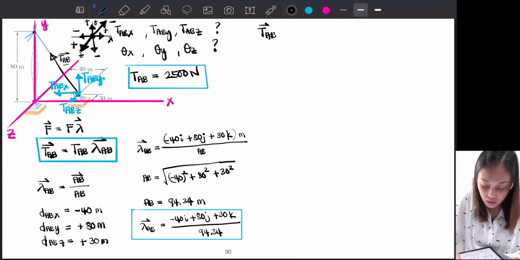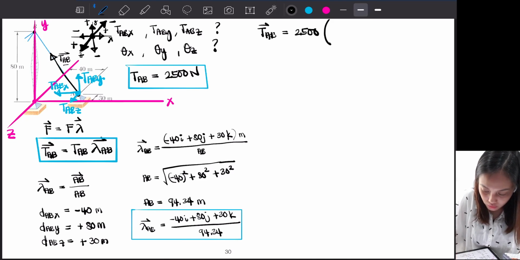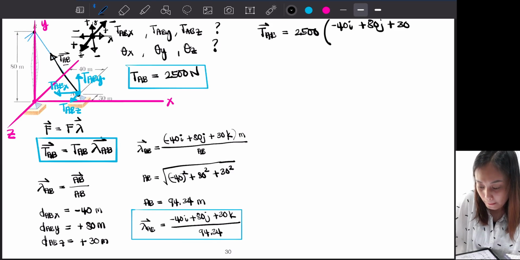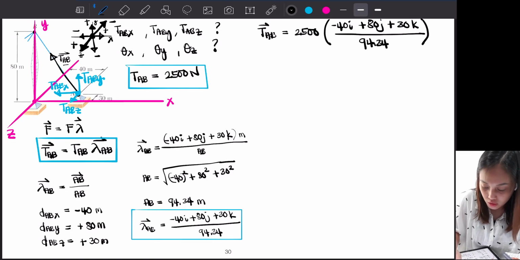Vector TAB is equal to 2,500 times lambda AB, negative 40i plus 80j plus 30k divided by 94.34.